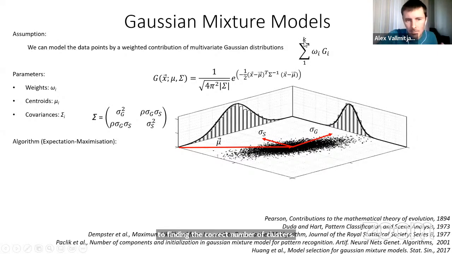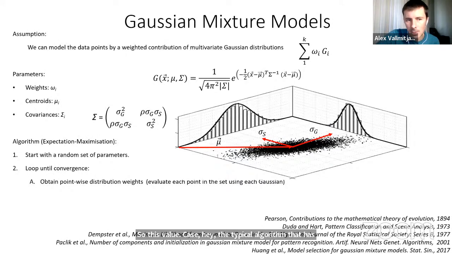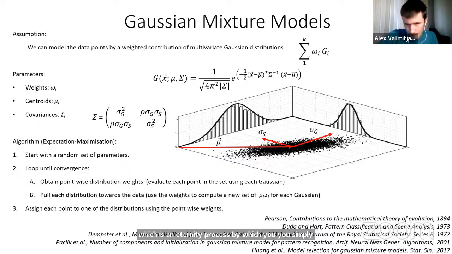The typical algorithm that has been used for 30 years is the expectation maximization, which is an iterative process by which you throw in starting random values for these parameters, and then kind of shift it towards maximization of the fit.